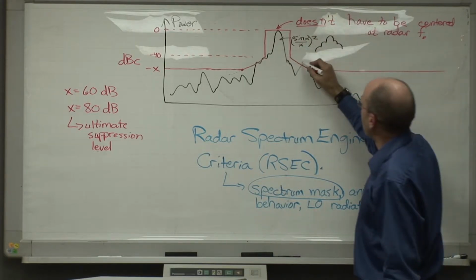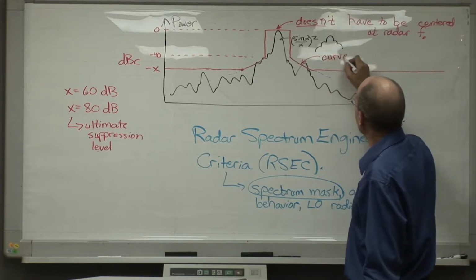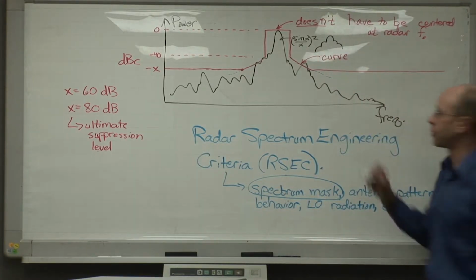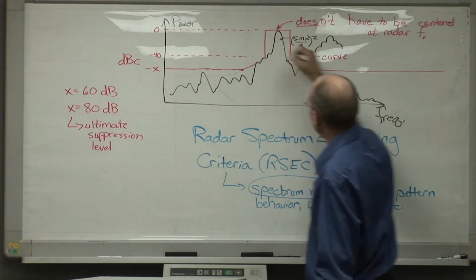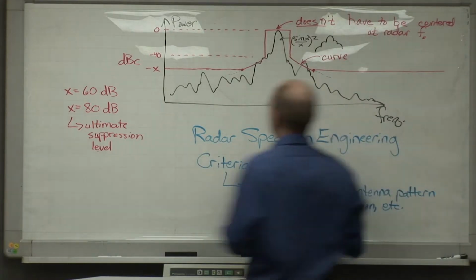And this line, although it's a little hard to tell from the way that I have drawn it, is in fact a curve. This is not a straight line. This is a curved line that rolls off down to the ultimate suppression level.